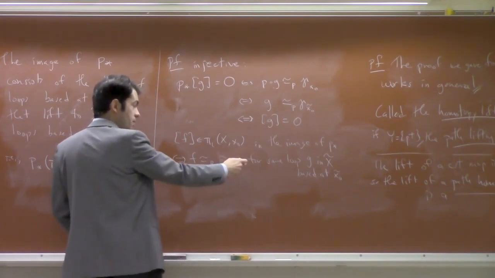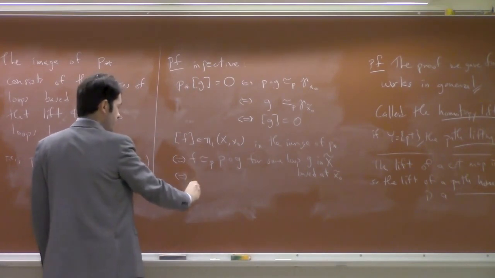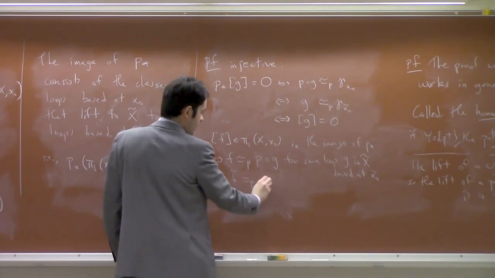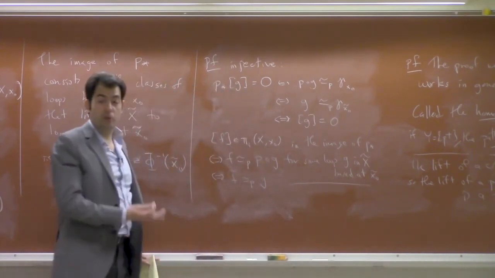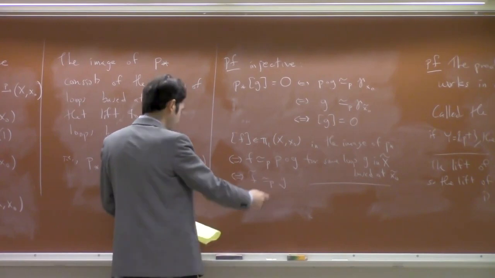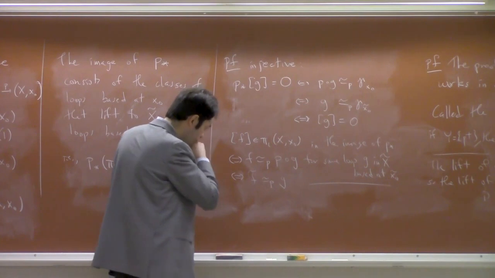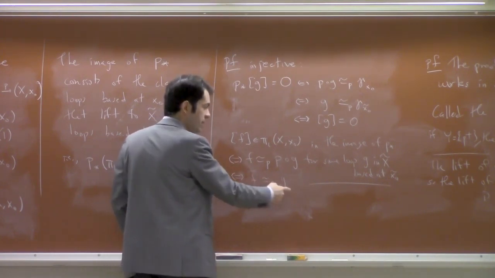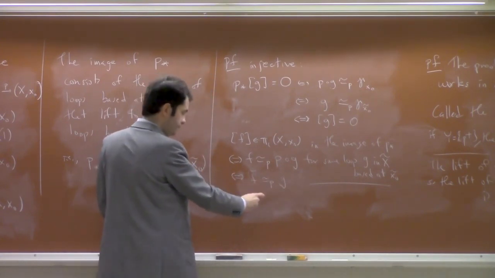So it's the projection down of a loop based at x naught. But now I just lift both sides. And it's the same as saying that the lift is path homotopic to G, where G is some loop based at x naught. Right? So being in the image is the same as saying that when you lift, you get a loop. But this is a path homotopy. So far we've said that this is path homotopic to a loop upstairs. But it's a path homotopy. So if this is a loop, then this is also a loop.